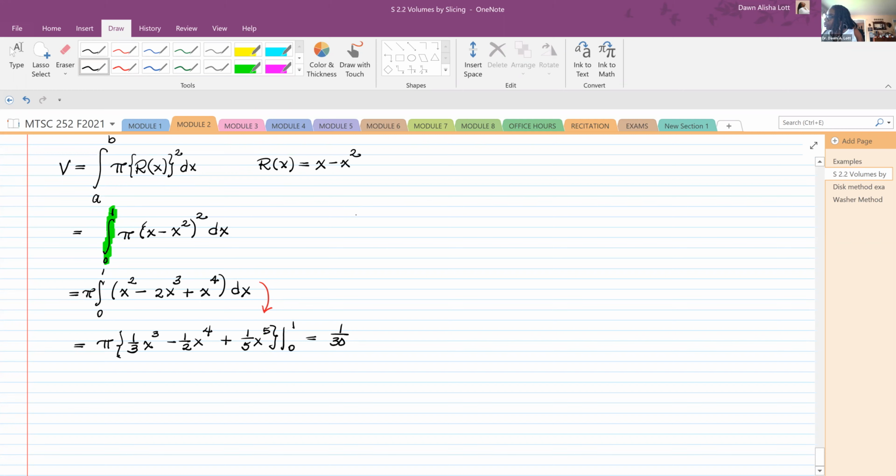I'm still using x to the n: the integral of that dx goes to x to the n plus 1 divided by n plus 1, and if it's no limits, it'll be plus c. So the integral of x squared dx is x to the 3rd over 3. So that's where I get this piece.